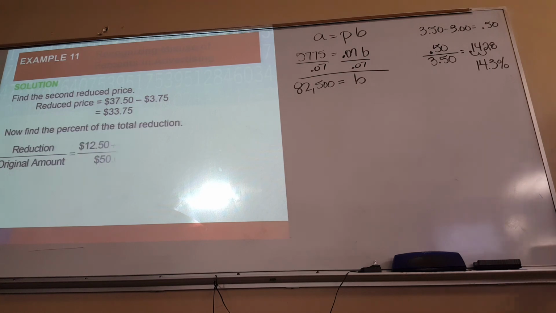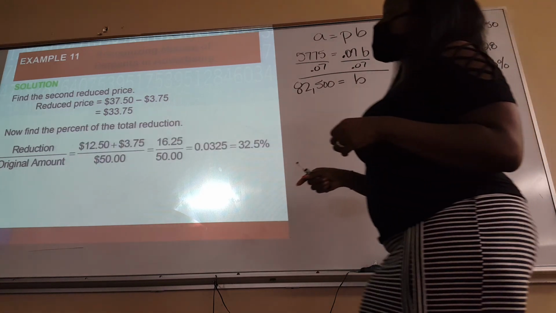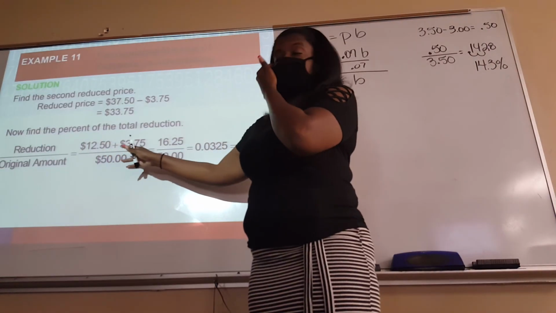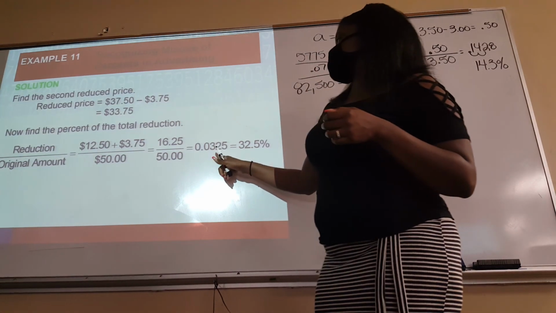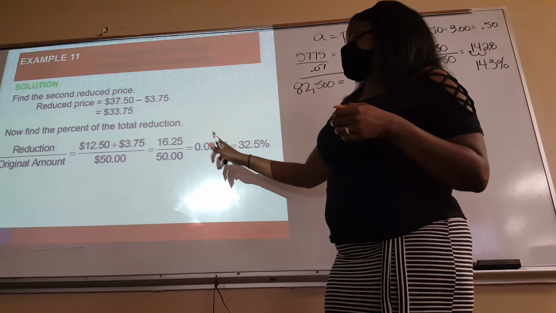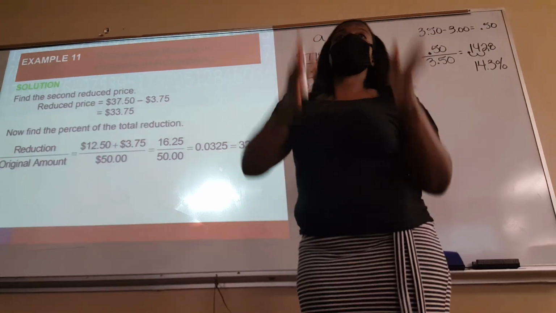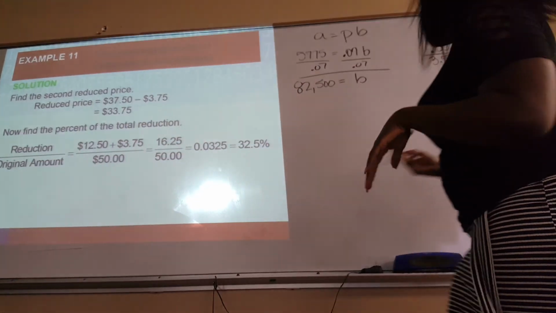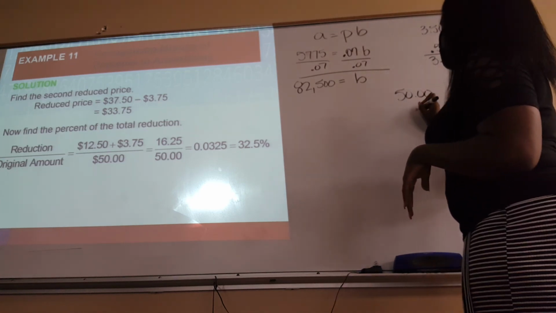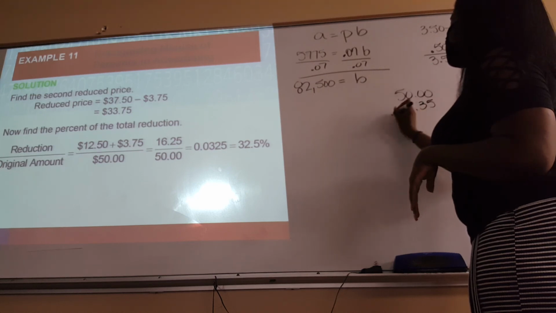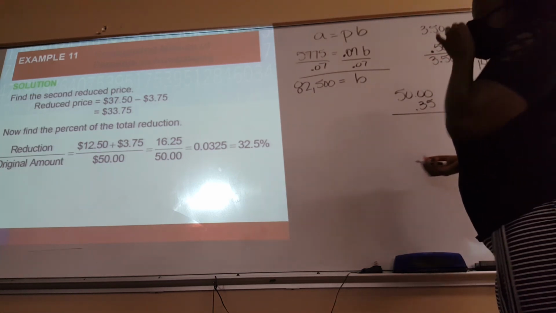But we can take those decreases and add them together. If we do 12.5 plus 3.75, which is 16.25, and divide by 50, our actual decrease of all of that is going to be 32.5%. That's only if we did 25% and then 10%. But let's say we take the same $50 and multiply by 0.35, which is 35% off. Let's see how much more or how much less we save.